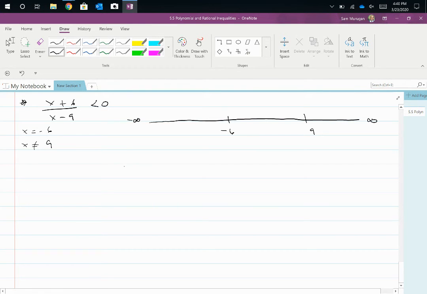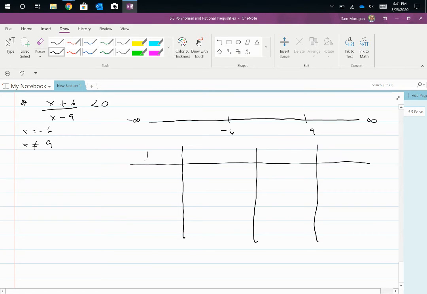And now we have to test some intervals here: interval, test, sign, above or below. We're testing from negative infinity to -6.